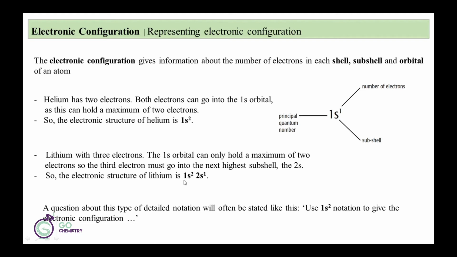So the electronic configuration will be written as 1s2, 2s1 for lithium. Generally, a question about this type of detailed notation will often be asked, like: use the 1s2 notation to give the electronic configuration of this element.